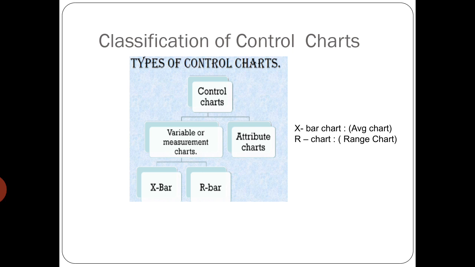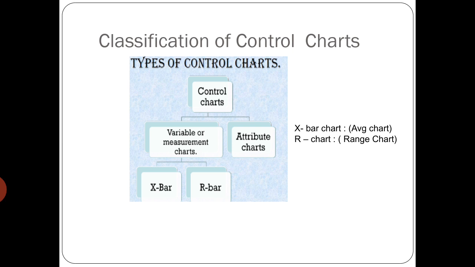Classification of control charts: control charts can be classified broadly in two ways, control charts for variables and control charts for attributes. In variables there are two types, X bar and R chart, and there are four types in attribute charts also. We'll discuss later, P, NP, C and U charts.